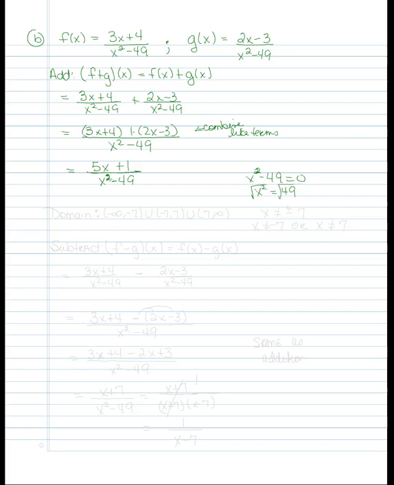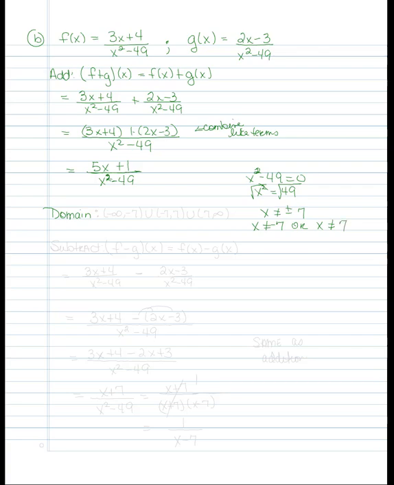Take the square root of both sides, and we have x is equal to plus or minus 7. So our domain: x cannot equal negative 7, or x cannot equal positive 7.